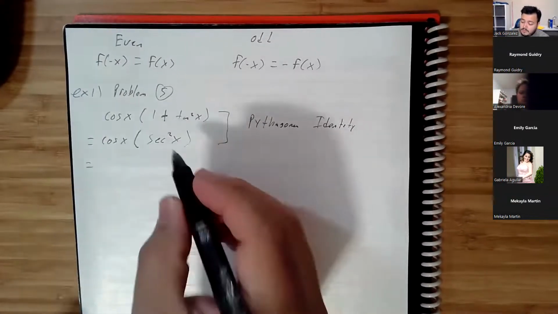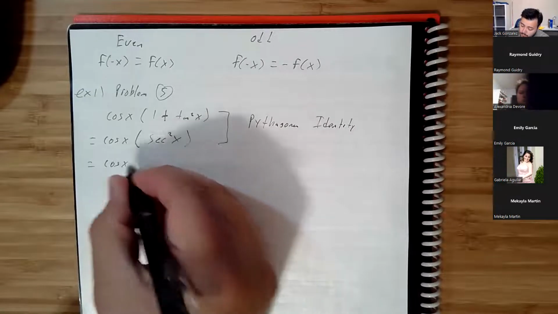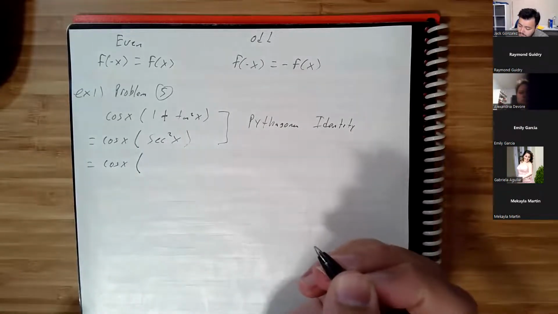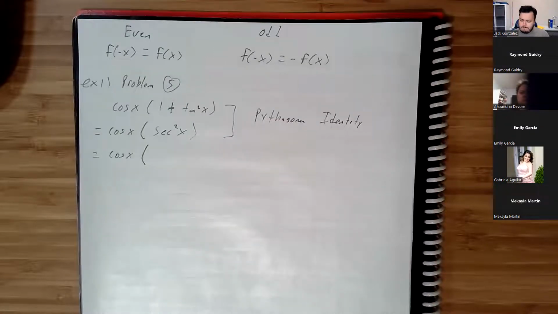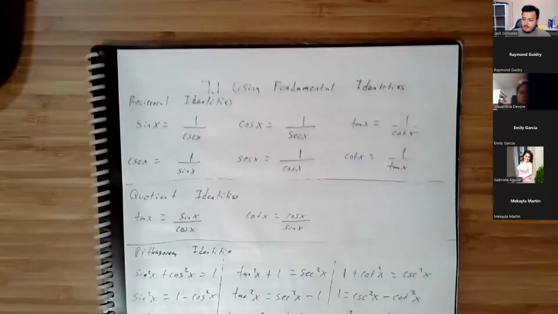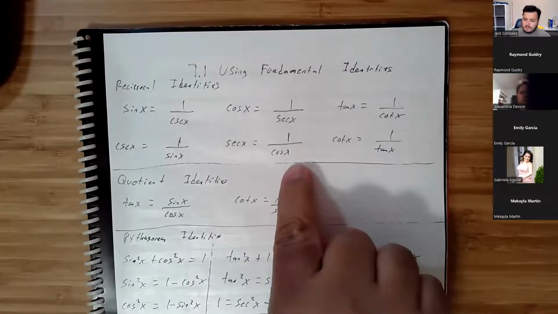Now, secant is actually, as a reciprocal, what is secant? Secant is 1 over cosine, right?